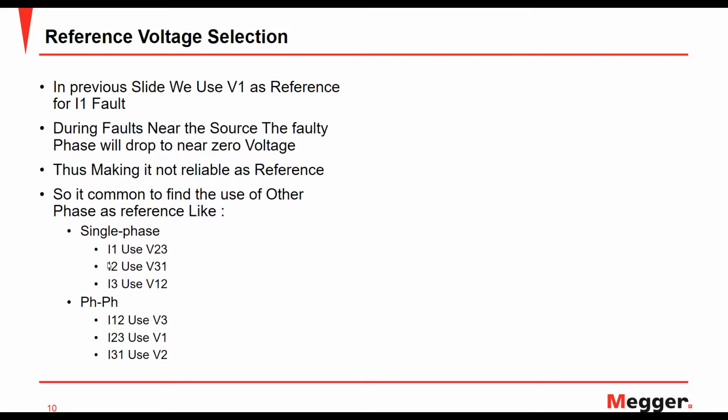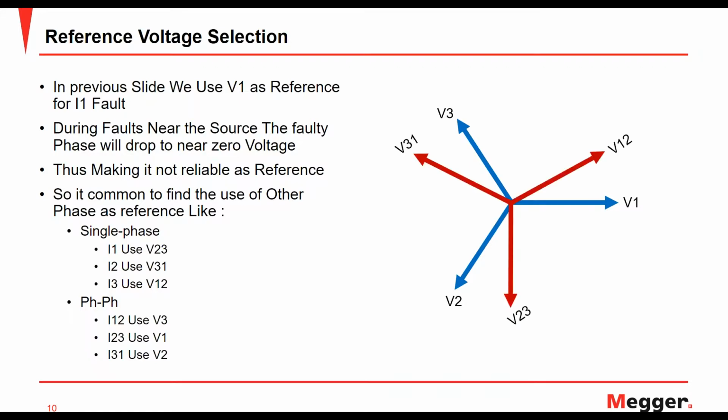So for I1, I will use V23. For I2, I will use V31, and so on. And for phase-to-phase faults, I will also use the other phase, the healthy phase, as my reference for my voltage. So when I have here my phase to neutral voltages, I also have phase-to-phase voltages, and my I fault here, I'll create my MTA angle for IA with the reference to my phase-to-phase voltage instead of my respective voltage.